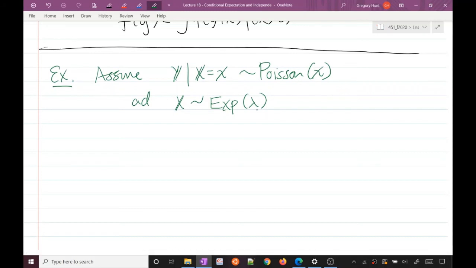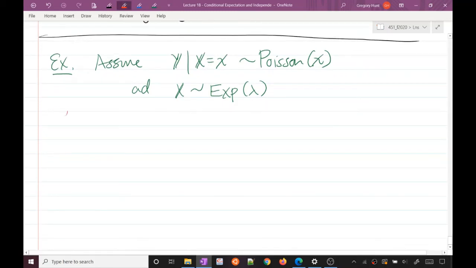So one way you can think of this is, first of all, I'm going to generate an x from an exponential distribution, so some positive number. Given I've generated x, I'm going to generate y as Poisson with a parameter equal to whatever I generated for x.